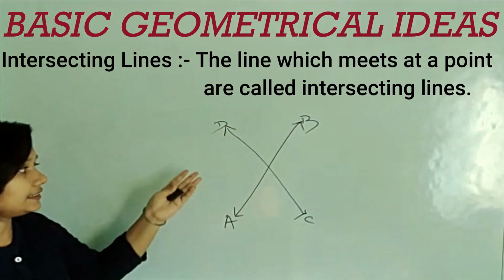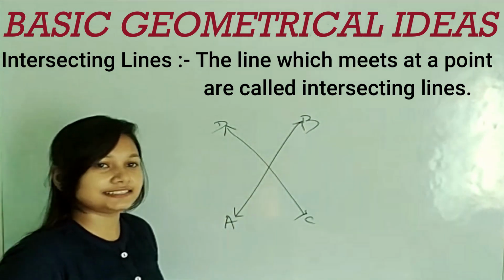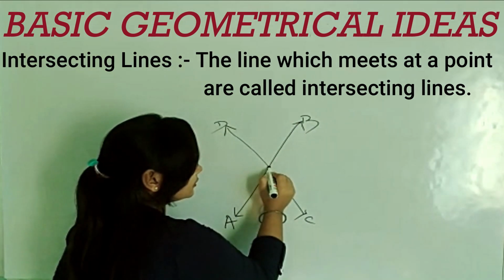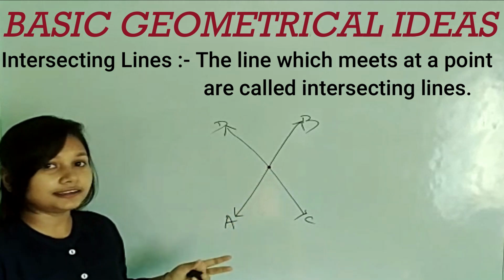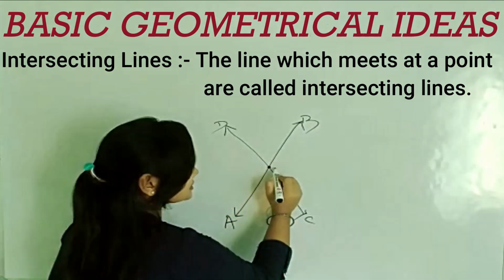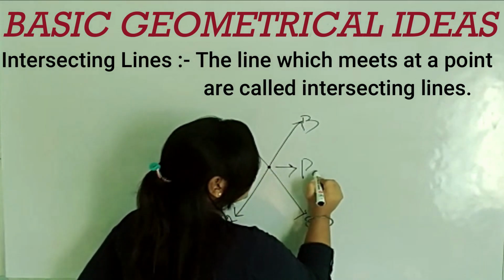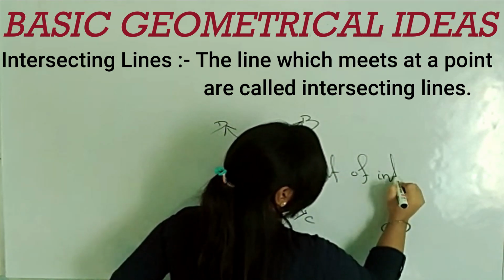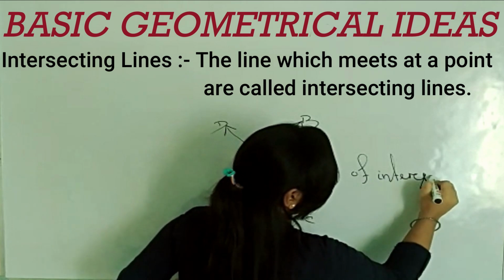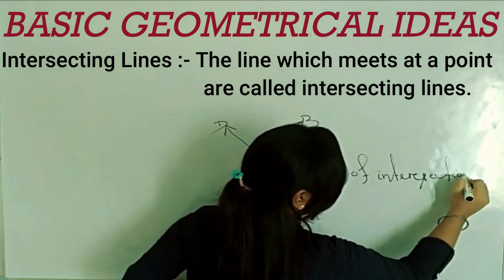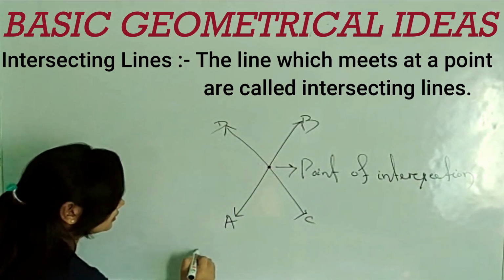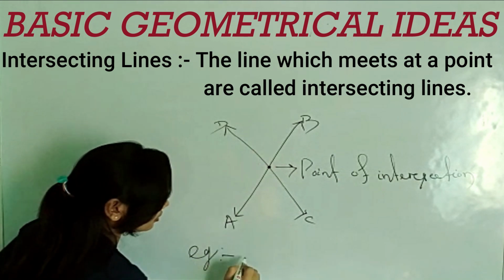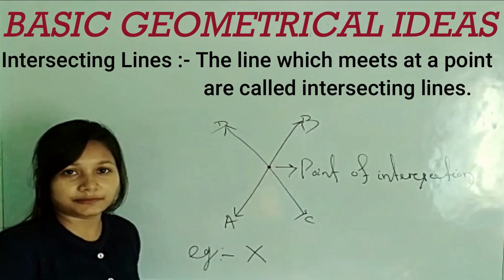We can call it as intersecting lines, and the point where 2 lines meet is known as point of intersection. For example, letter X of English alphabet.